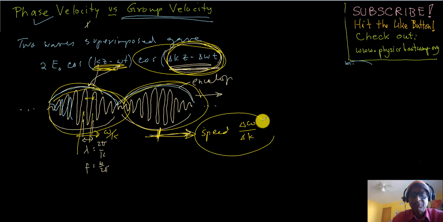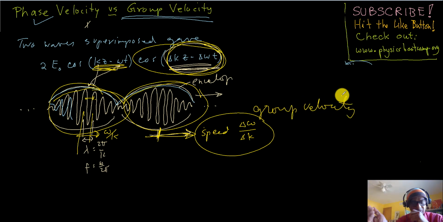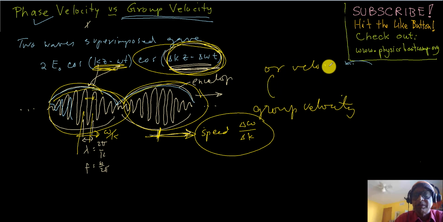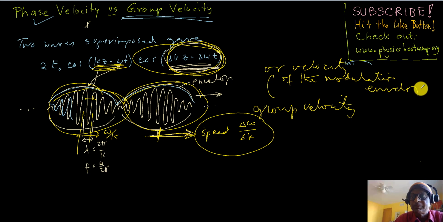This is what is called the group velocity, the velocity of the modulation envelope. And this is the speed at which the energy in the waves will move.